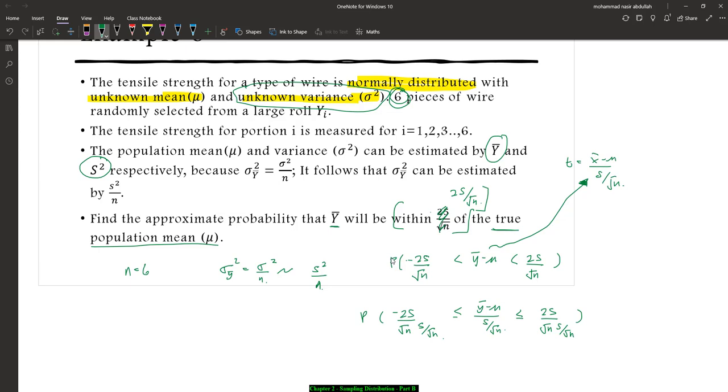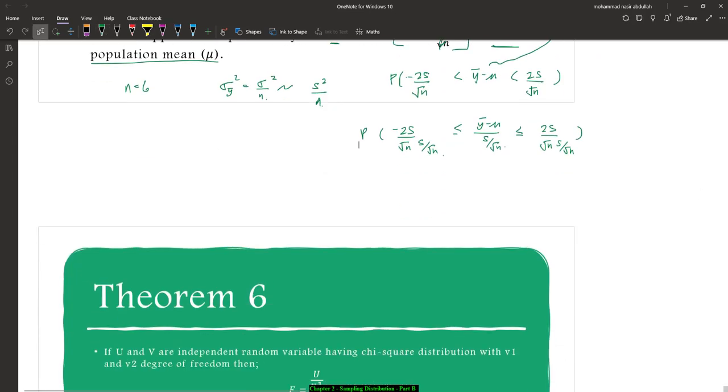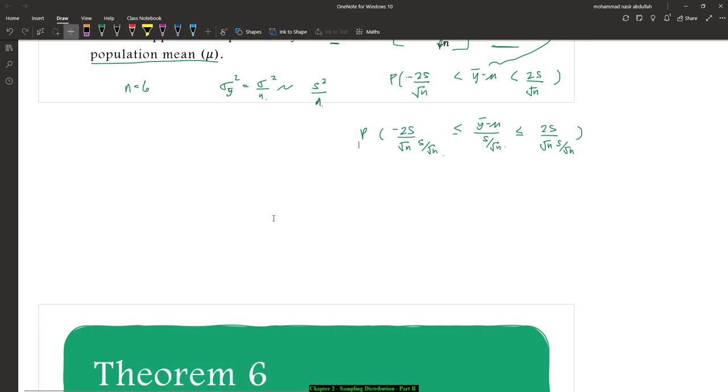Can you see? We just impose the denominator everywhere, right? So here, it should be equal to P of negative 2 less than T less than 2. We can cancel this out and this out. Can you see? So this is t, right? So we want to estimate this value.